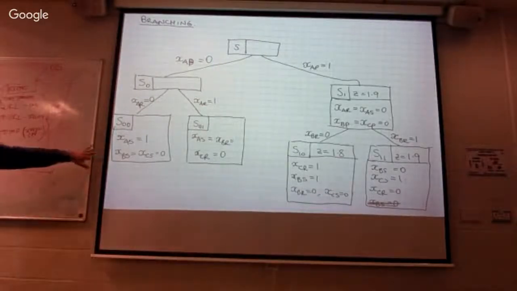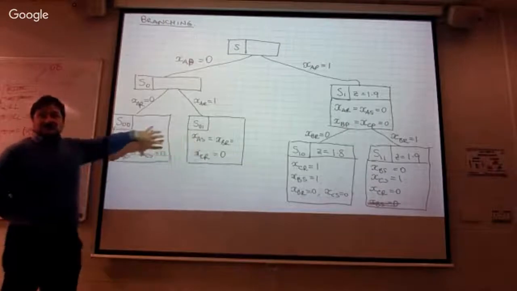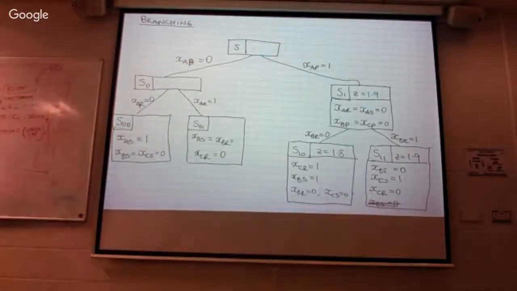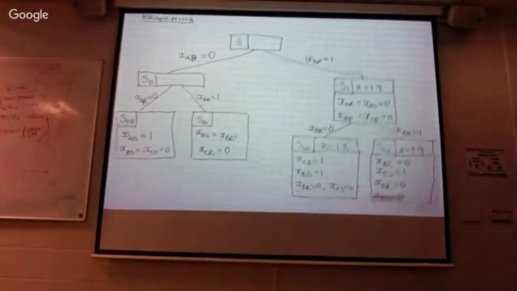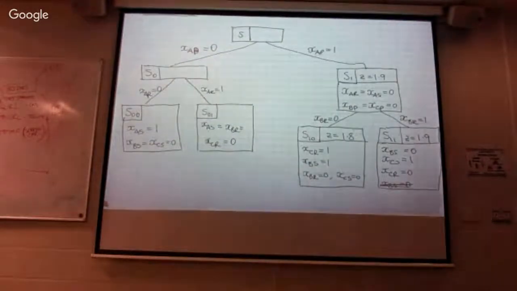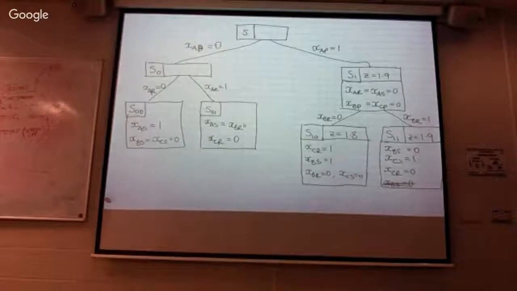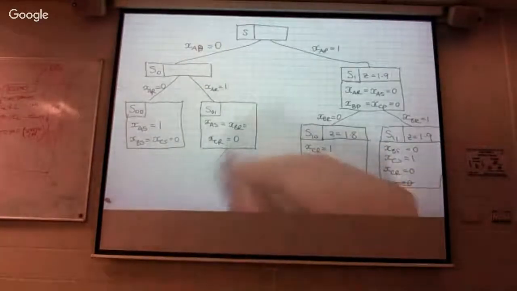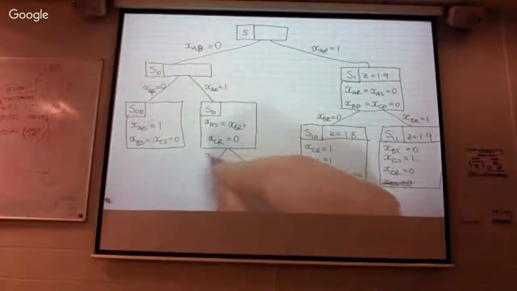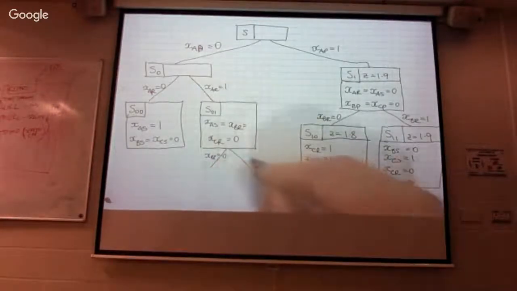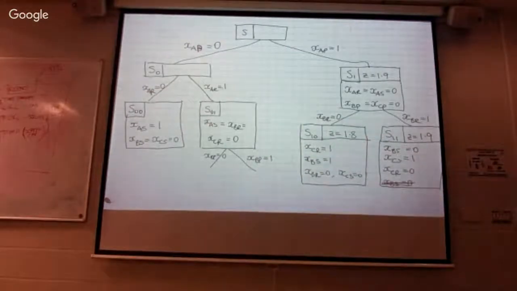Now in these two cases, we still don't know all the values. So I split it further. Well, I would have to split it further, and I'll only really follow through one of the cases. So here I've decided in my example that I will take xbp, and either it can be 0 or it can be 1.